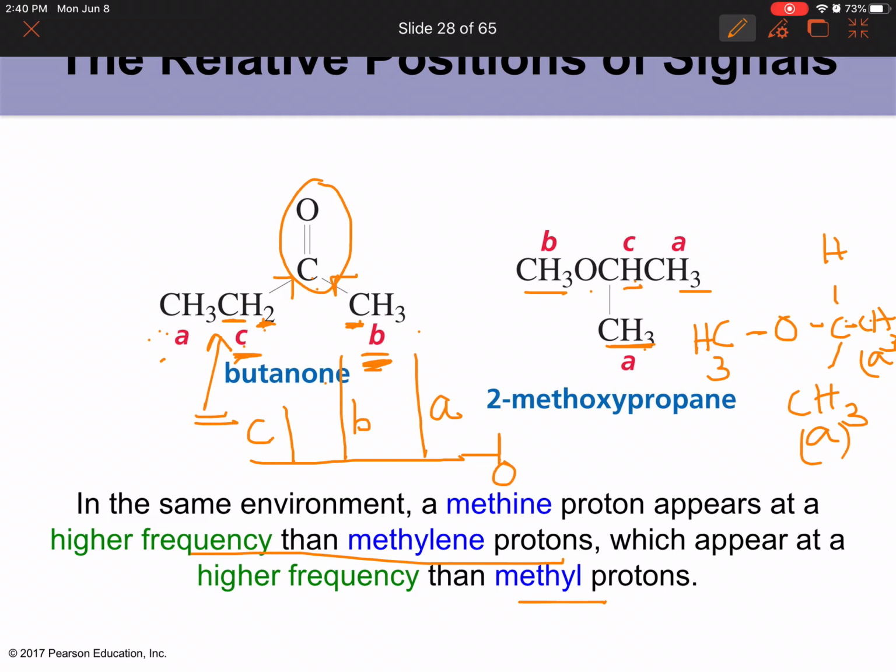Okay, and out of these A, B, C, which one do you think would be more deshielded? You're going to look at what is closer to the electronegative atom. Oxygen is right there, more electronegative. And then the 2 carbons right next to oxygen are this carbon and this carbon.